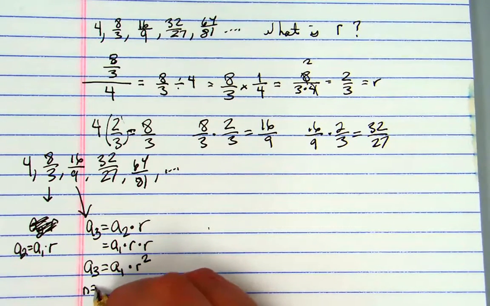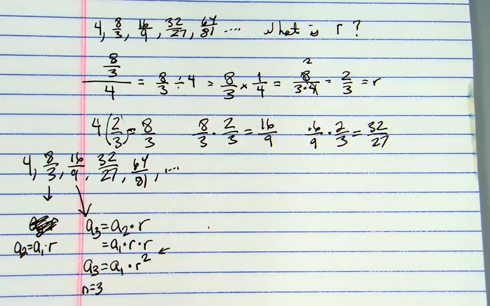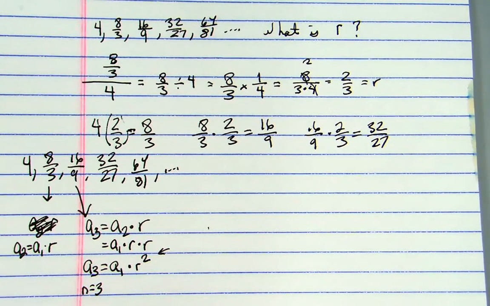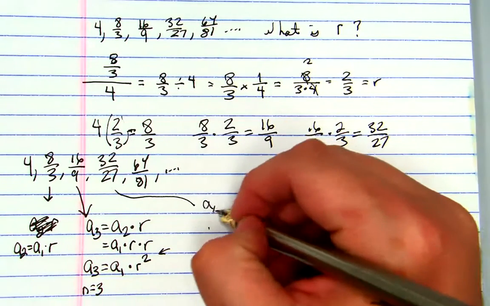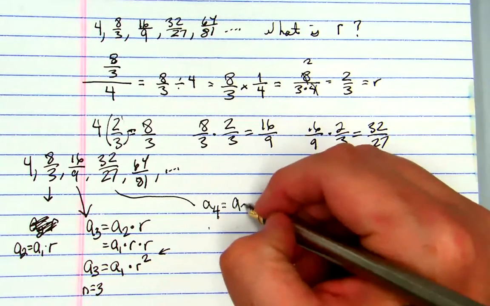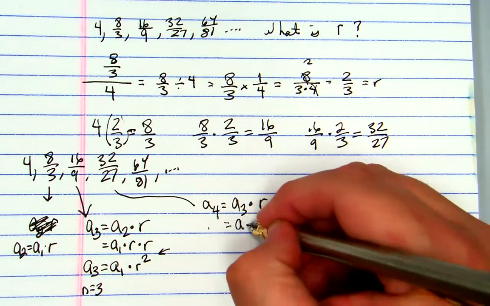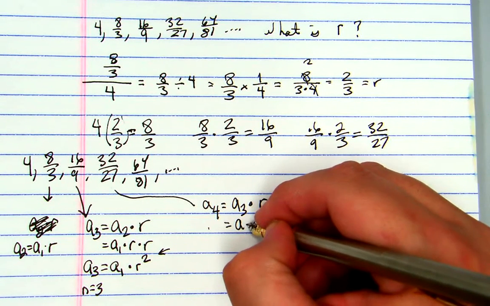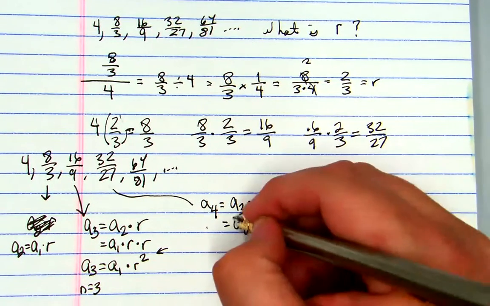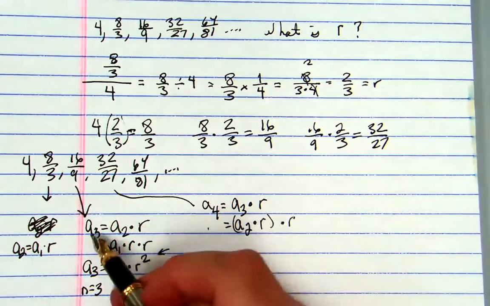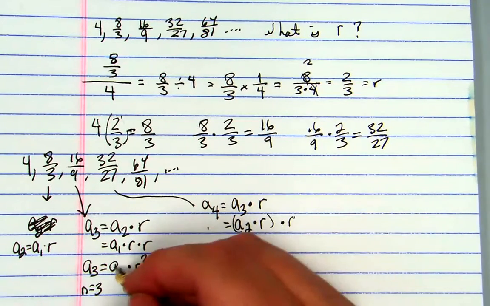Now n is 3. What's the power of r? How can you use n equals 3 to figure out the power of 2? Let's take a look at a sub 4. That's a sub 3 times r, which is equal to a sub 2 times r times r, because a sub 3 is a sub 2 times r, a sub 2 is a sub 1 times r.